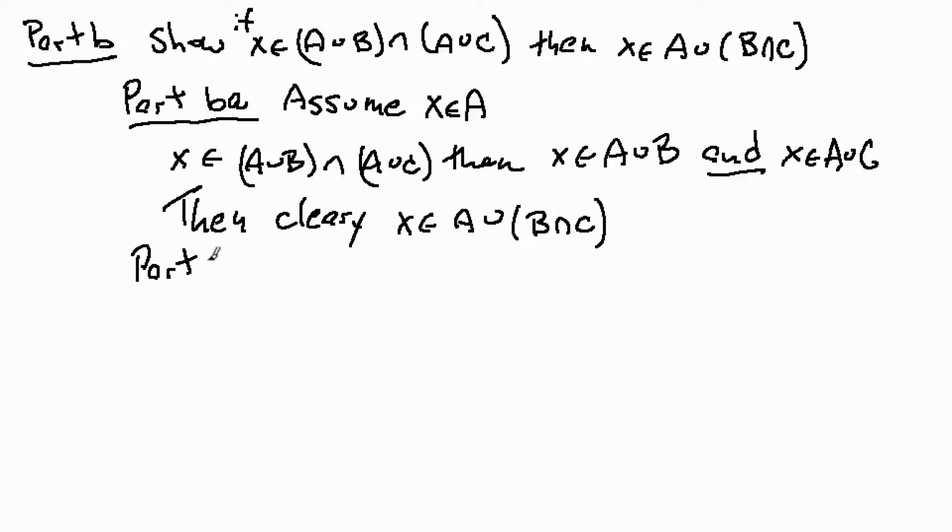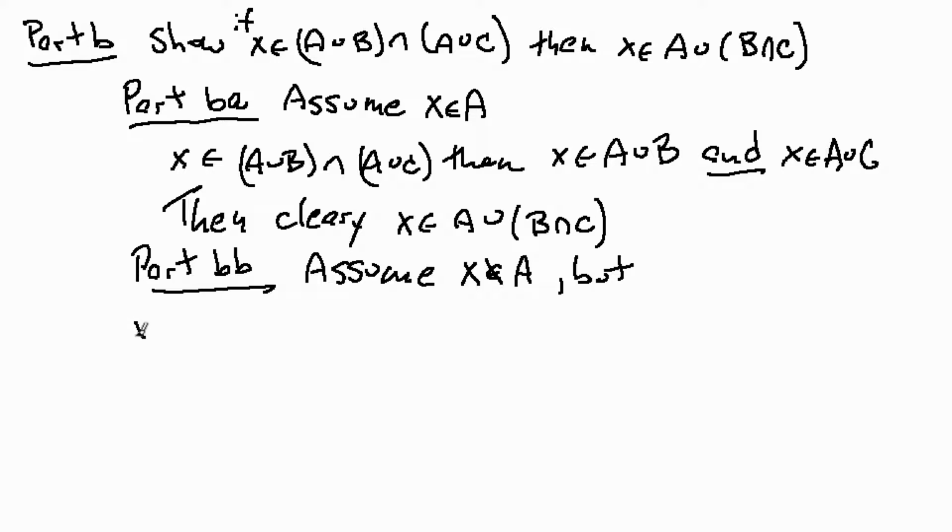Suppose I do part, I'm going to call it BB. And here we're going to assume that X isn't in A. Okay, now if X isn't in A but X is contained in A union B intersection A union C, let's think about what that means.